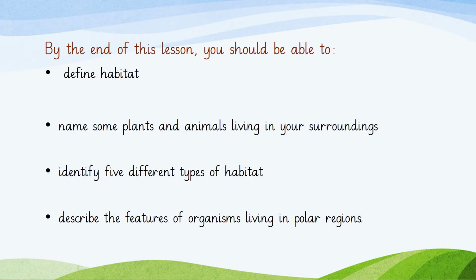By the end of this lesson, you should be able to define habitat, name some plants and animals living in your surroundings, identify 5 different types of habitat, and describe the features of organisms living in polar regions.